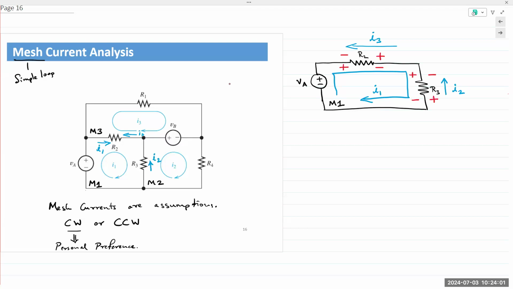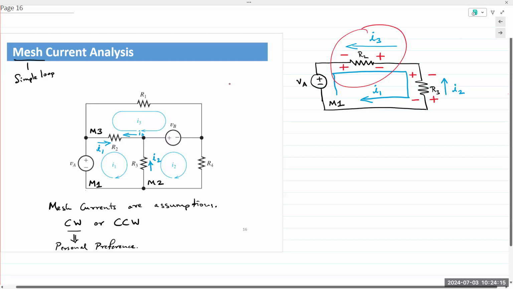Okay. In our case, in mesh current analysis, we assume a hypothetical mesh current. Hypothetical mesh current I1 is flowing from the left. Now we are only talking about R2. So we assumed I1, I2, and I3 at the beginning of our analysis, and you're talking about R2.